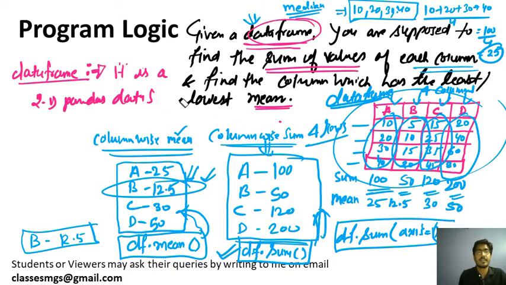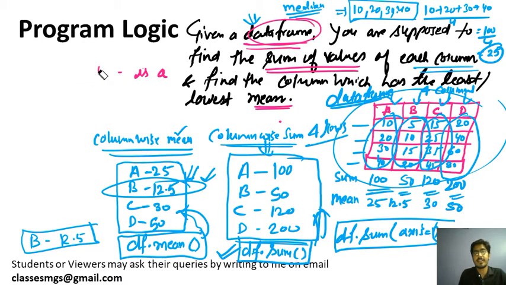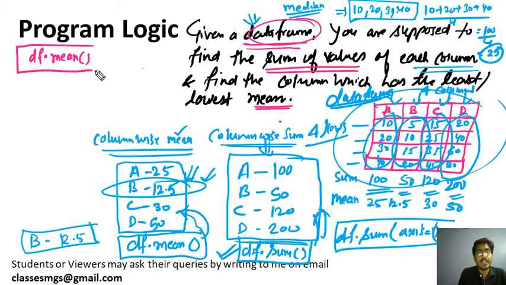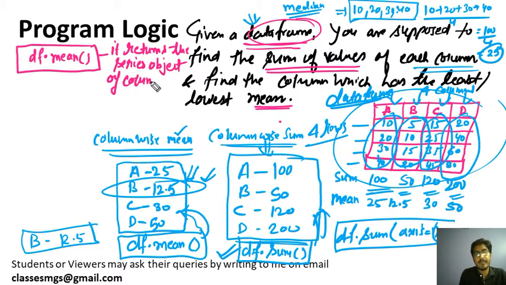Let me rough in the earlier parts because we already discussed them. Now let me show you how to calculate the lowest mean column. You should know that df.mean actually returns the series object of column wise mean.